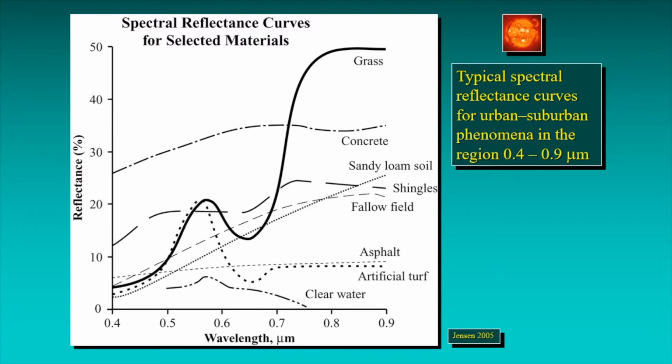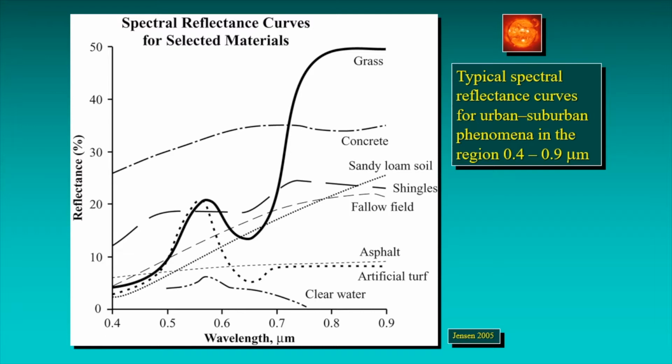But if we have a remote sensing device that is sensitive to the longer wavelengths, we really see a divergence in those spectral signatures. So if we want to discriminate between artificial turf and grass, we would look predominantly to the near infrared portion of the spectrum, because we have the greatest differences between the spectral reflectance curves in that region.